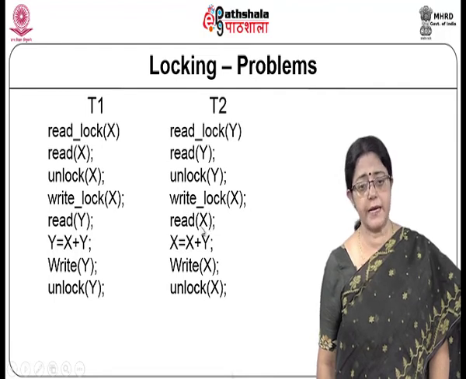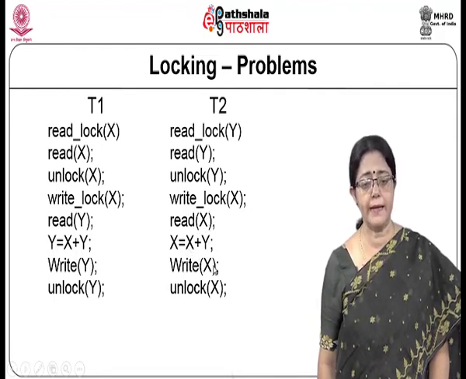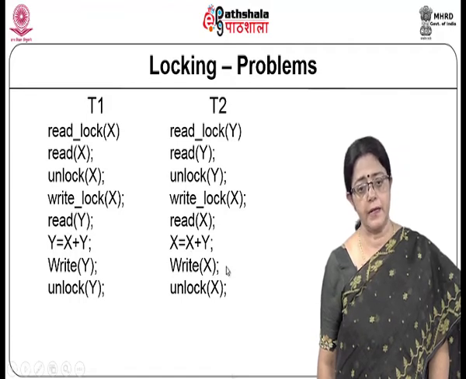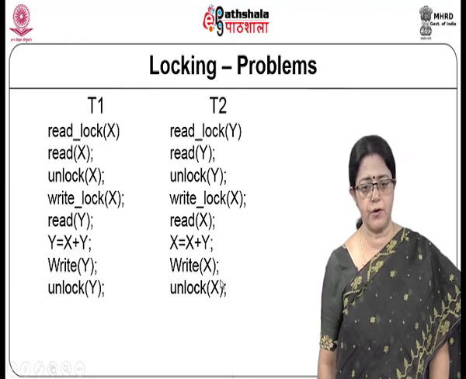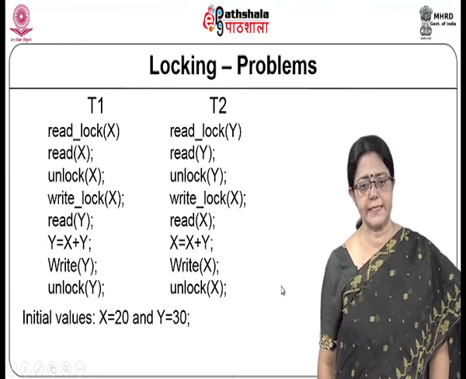It is also getting a read lock and doing X equals X plus Y, and acquiring a write lock, or already acquired a write lock, so writing on X and unlocking X.